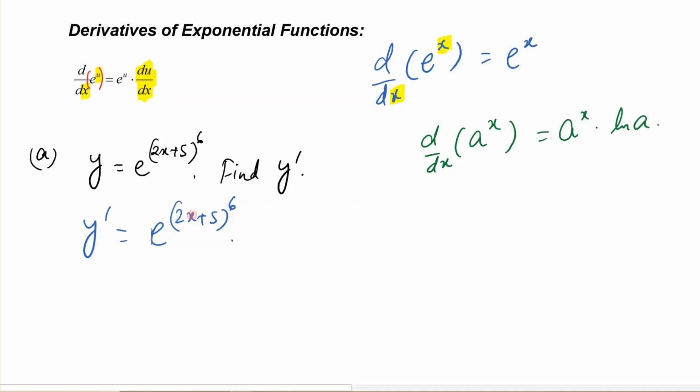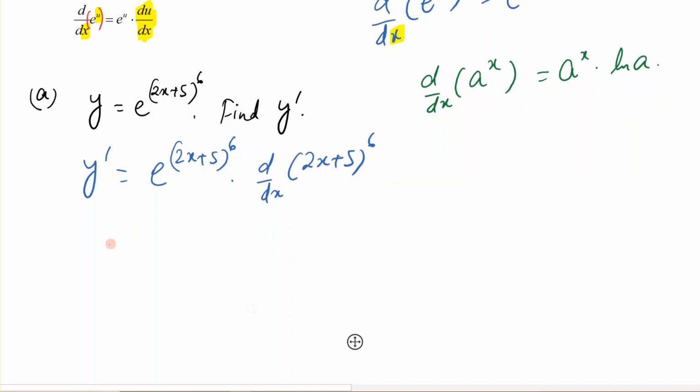Then by chain rule, since this is not x but some other expression in place of x, we need to take the derivative of this power, the derivative of (2x plus 5) whole thing raised to power 6 with respect to x, and then e raised to power (2x plus 5) raised to power 6 as it is.